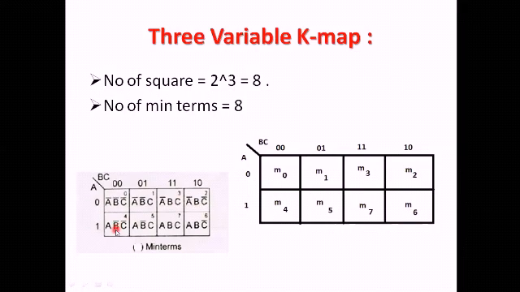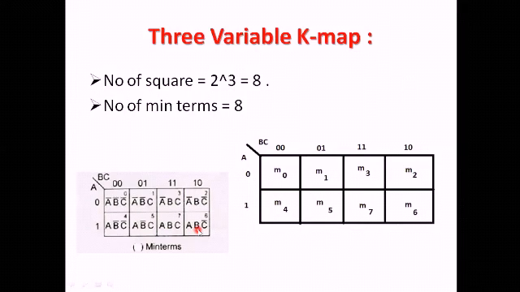Next is this one, that is A, B bar, C bar, that is 1, 0, 0. Next is 1, 0, 1, that is A, B bar, C. Next is 1, 1, 1, that is A, B and C. And the last one is A, B and C bar, that is for 1, 1, 0.